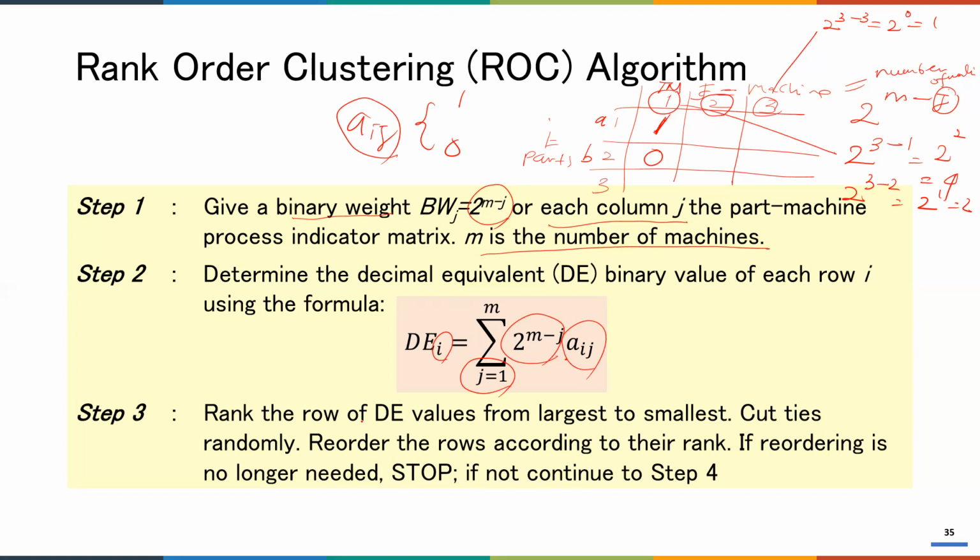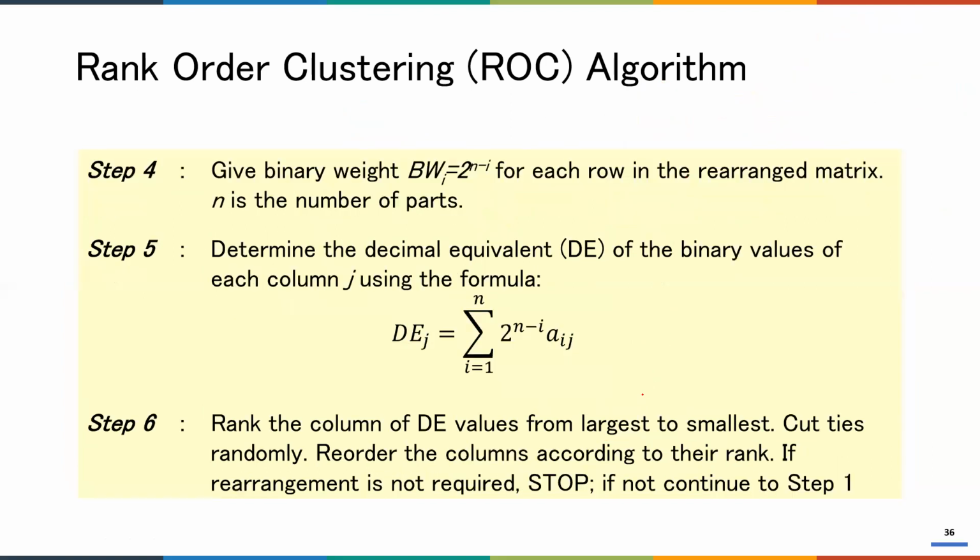After that, we rank from largest to smallest. And then once we reorder, if we cannot find the kind of group, then we need to continue to step 4. But once we cannot continue, I will mention how we continue and not continue, then we need to stop.